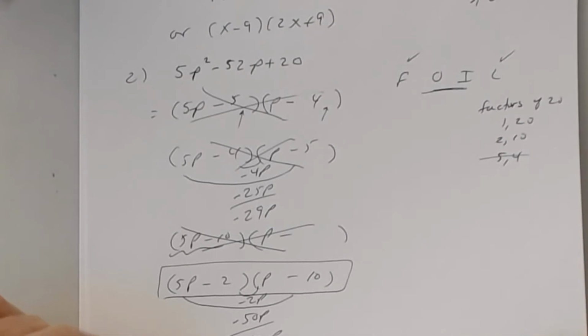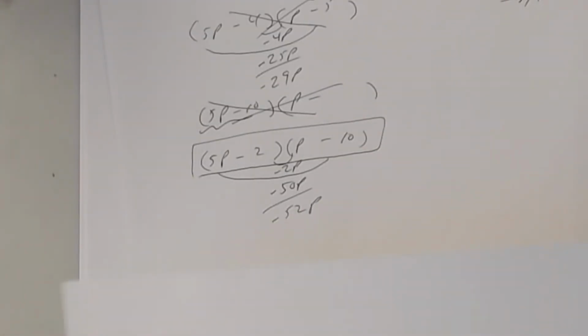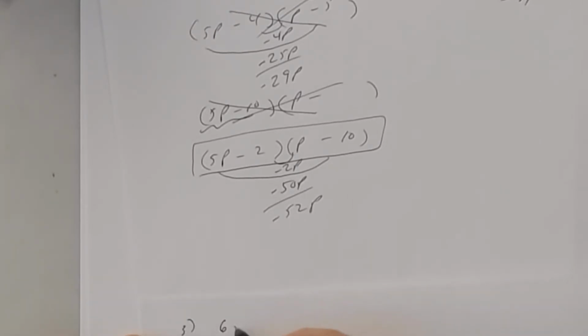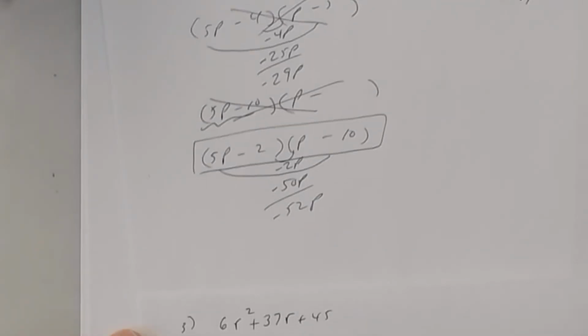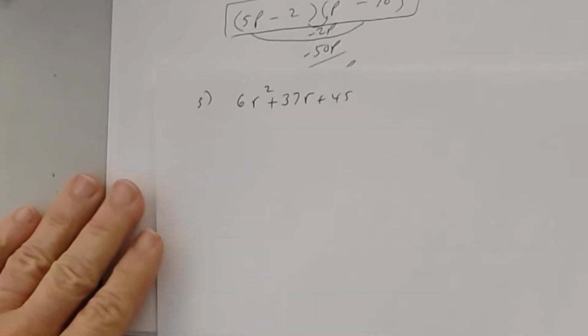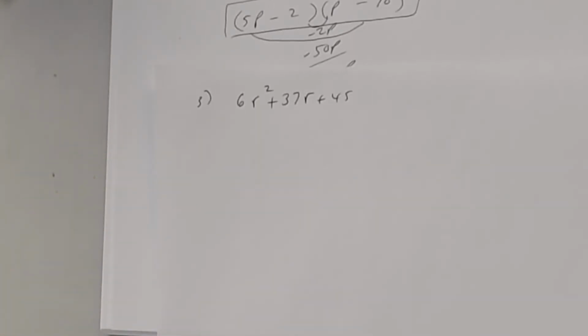All right, number 3. Let's suppose in number 3, you had 6r squared plus 37r plus 45. Now this is a little bit more involved because 6 is not prime and 45 is not prime, so you have a little bit more possibilities to deal with.